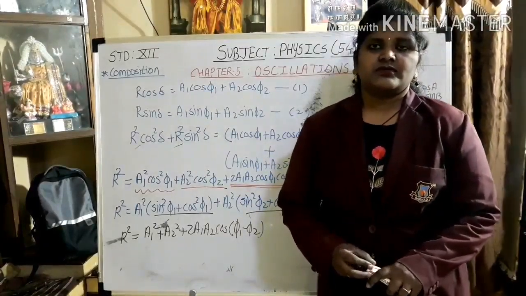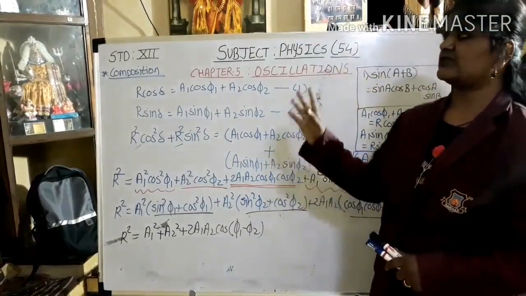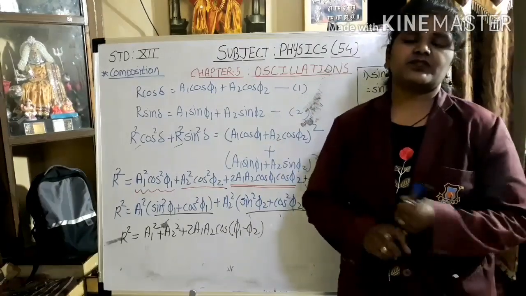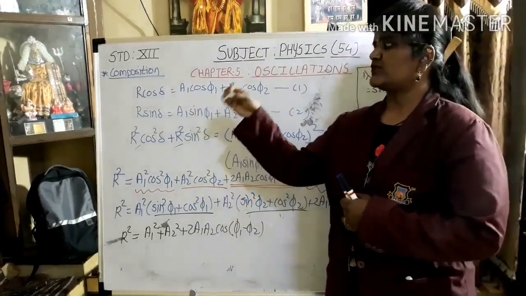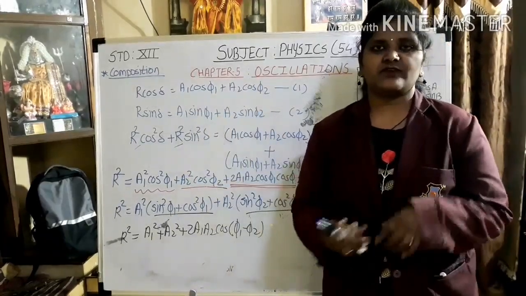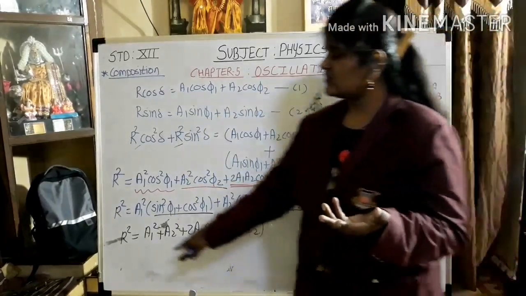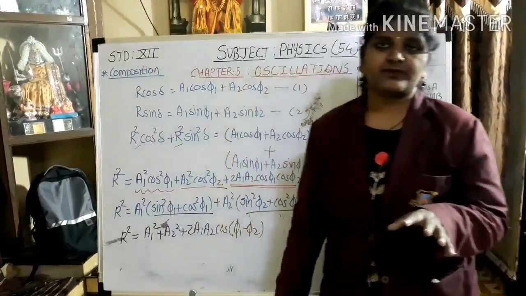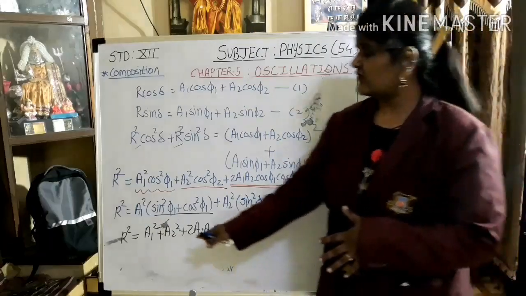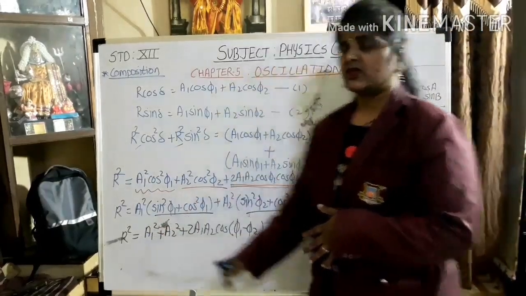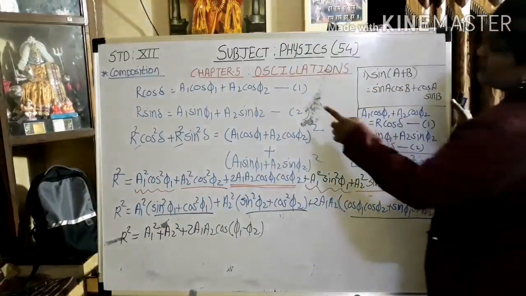Okay. I hope you got all these things. First, we have found the composition, that means the value of x, in which we introduced new terms which are R and delta. So that's why we have found the value for R first. How did we find it?